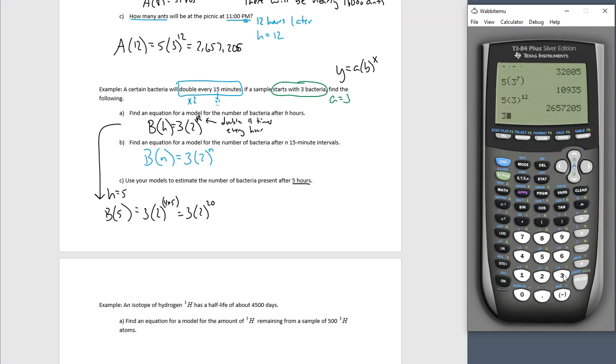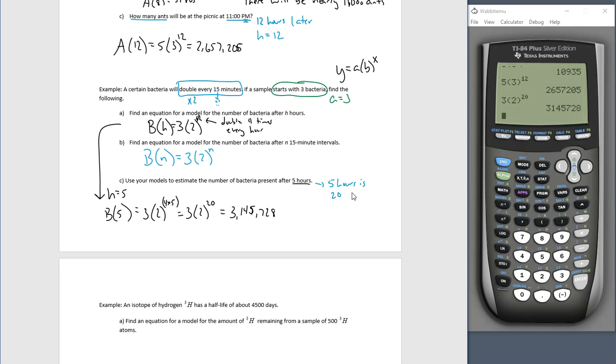So that's 3 times 2 to the 20th. That is 3,145,728.